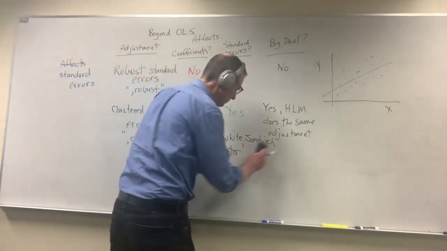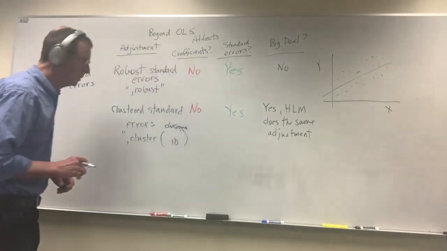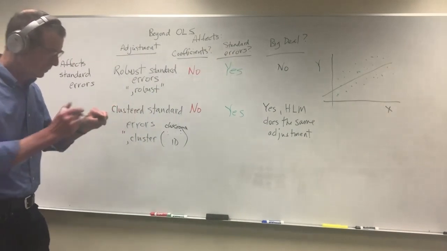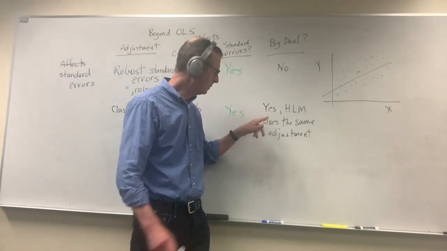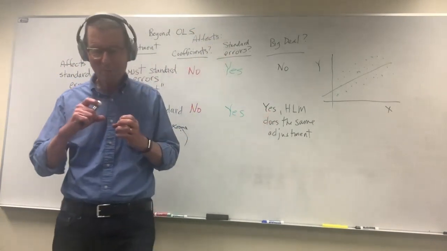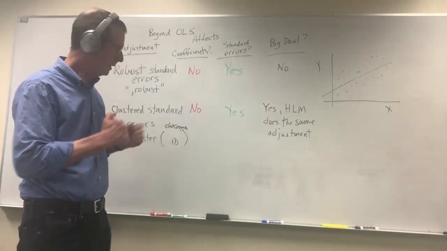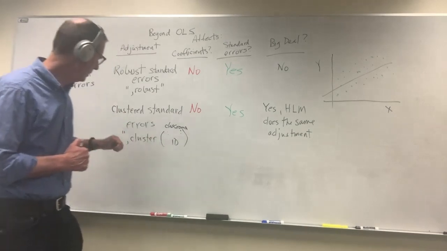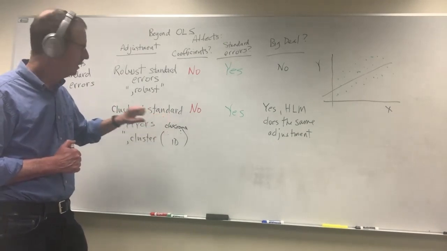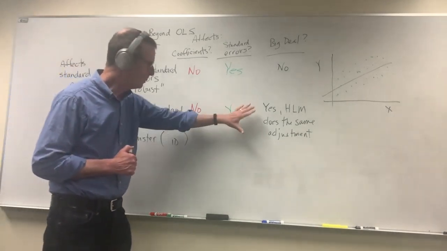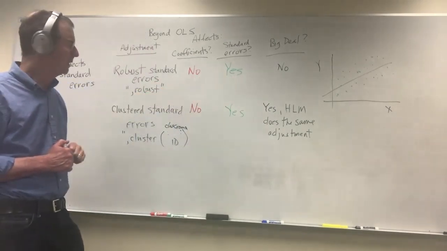So let me erase this, as does HLM. And this can be a big deal. If in fact you've got a heavily clustered sample, and the clustering is such that people within a particular cluster are really a lot more alike than people who aren't in that cluster, then you can get some pretty substantial increases in your standard errors, because if you don't do something like this, you're really assuming that all these observations are independent of one another, but they're not.